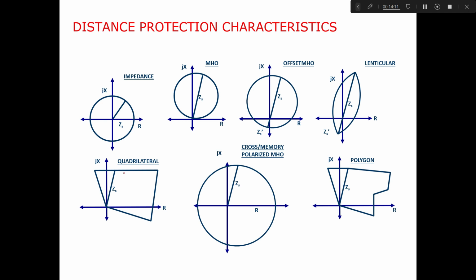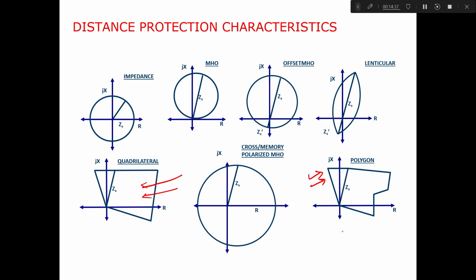The next is the quadrilateral characteristic, in which we can have a fixed reactance reach with a variable resistive reach, so it has a high resistive coverage. And this type of characteristic I have already explained in the last slide. But nowadays, the characteristic we are using is the polygon characteristic. The advantage is that the quadrilateral characteristic has a high resistive coverage, but again, in case of load encroachment, this might maloperate.